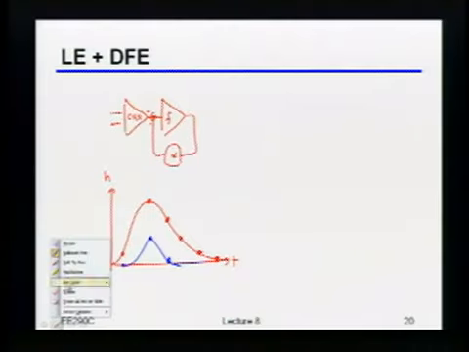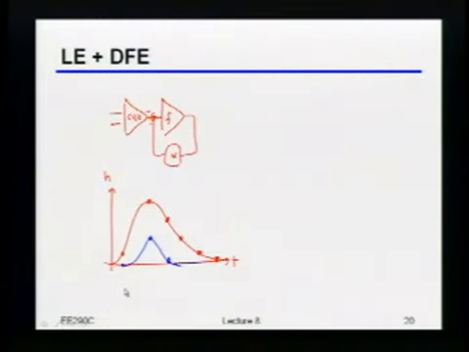So to draw it approximately, and this time I'll do it maybe in black, what I would now get out of the linear equalizer kind of looks like this. Okay, so I still want it to be 0 at these other points. But now I've allowed myself to leave some ISI there on that very first post-cursor.